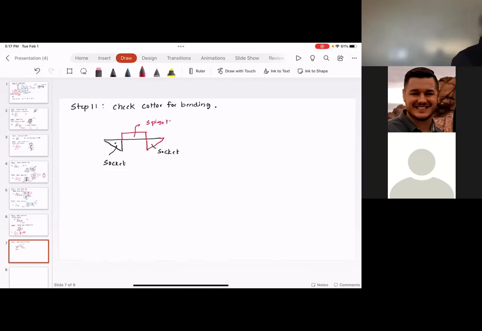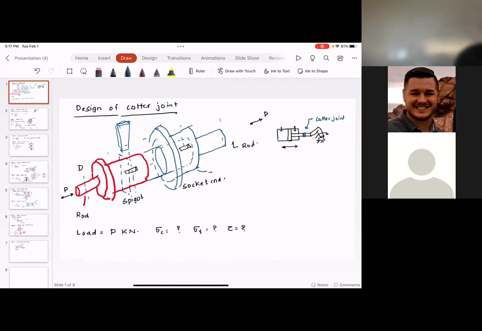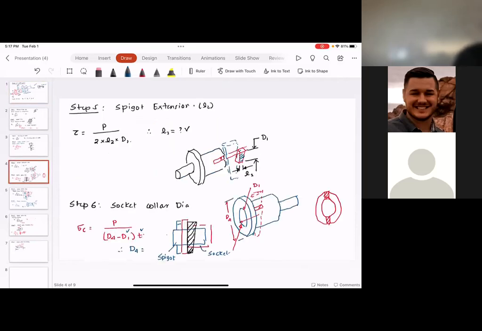So if you look at the load distribution, this is how the load is going to be distributed. Now, if I were to look at the dimensions, I can approximately find out these dimensions. This is D1, which is the diameter of the spigot. This is D4.